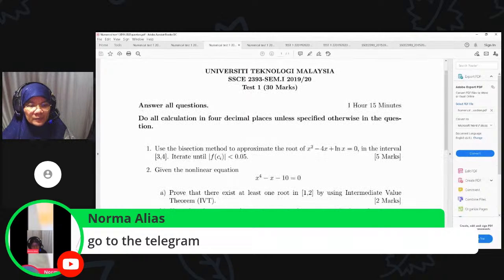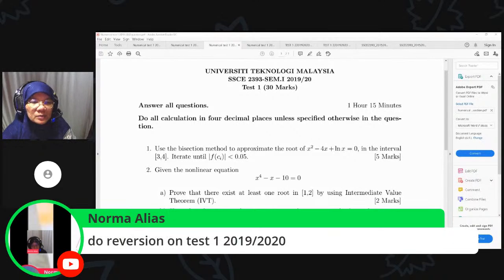I want to do revision on test one for 2019 and 2020. All right. So we want to do the revision for test one in 2019 and 2020. All right. So now let's I continue.